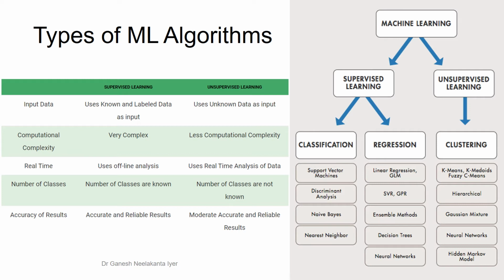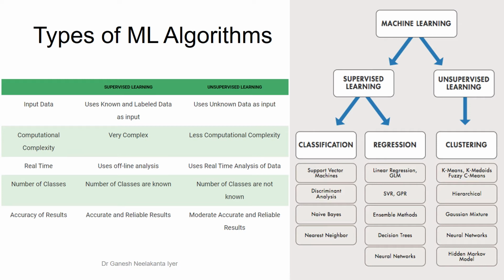So this is a learning where you use input data which is unknown data and you are learning as you go. Now, supervised learning is quite complex in nature because you have to label and train the model using the labeled data.